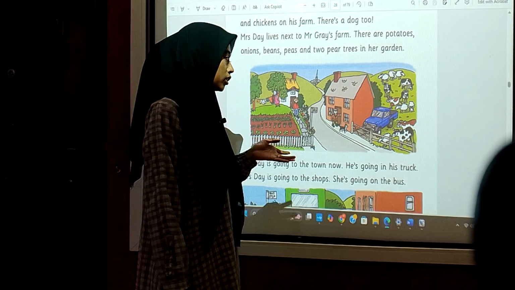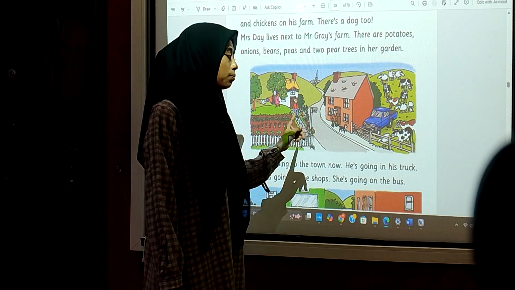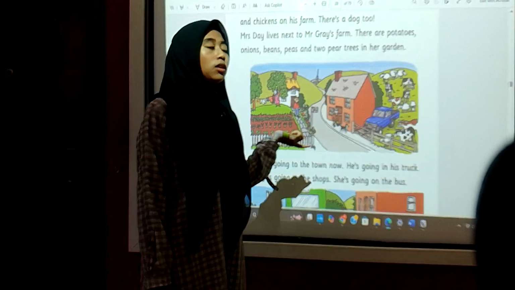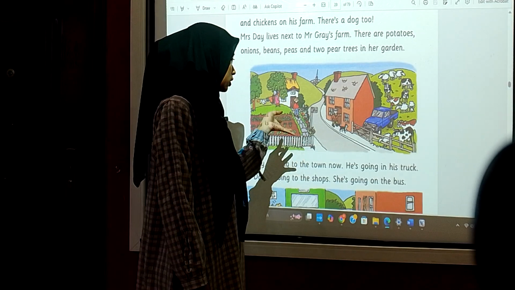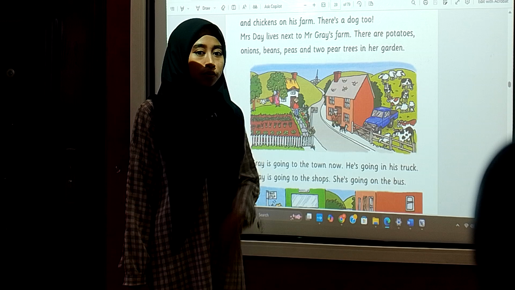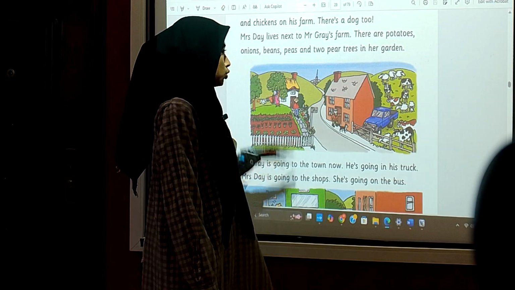If they do not mention something or some object here, I will point and then ask them what is it, what color, and so on. And then I go to the text.